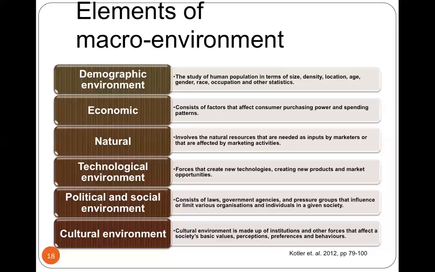The next one is natural. Now, a few issues under natural, all right? They include the scarcity of the natural resources, right? Especially if our business depends on natural resources, and a lot of businesses, by the way, depend on natural resources.